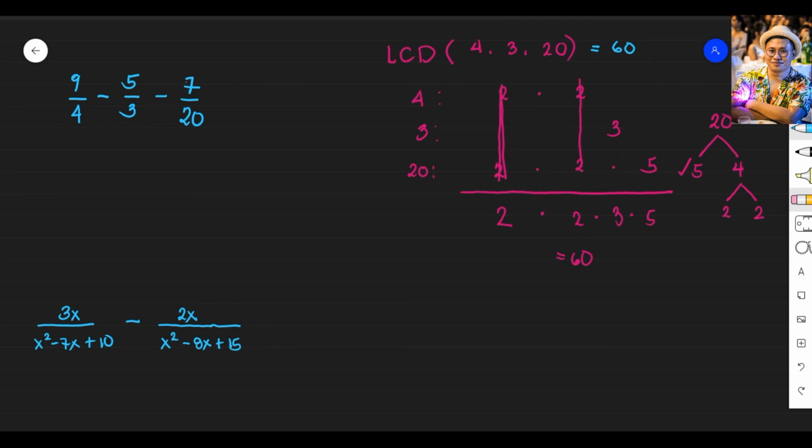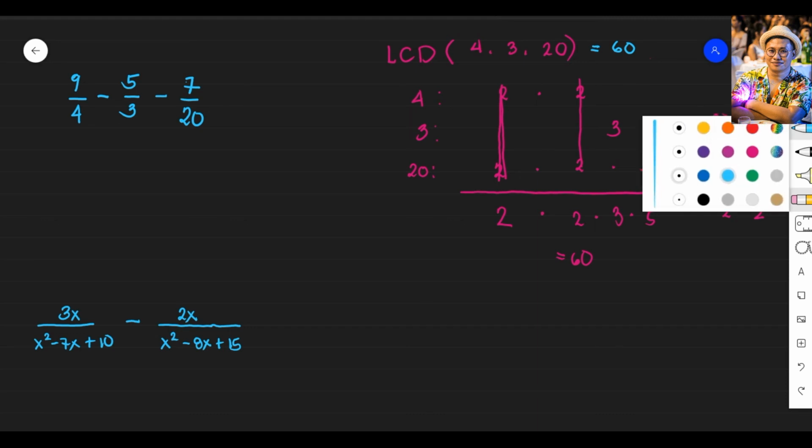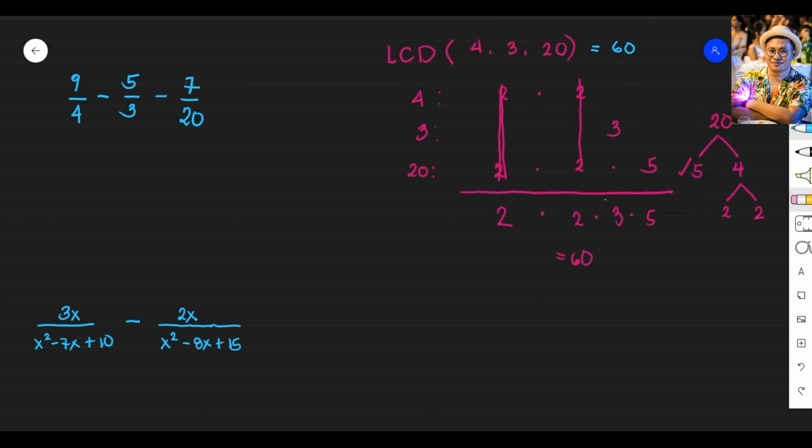Okay. So now that we have the LCD of 60, guys, what we're going to do is divide that 60 by these numbers here: 4, 3, and 20. Okay? So, let's start with 4. What is 60 divided by 4? 15, right?